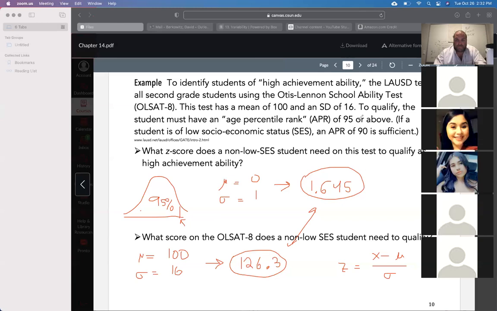Professor, I'm using the link that was shared on the chat. It says area, mean, and standard deviation. I don't quite know what to put in just because it's different from the calculator. For the first example, what Z-score does a 95 correspond to? So we're putting the mean as 0, the standard deviation as 1, and then what would we put as the area? 95%, because that's the shaded area to the left.